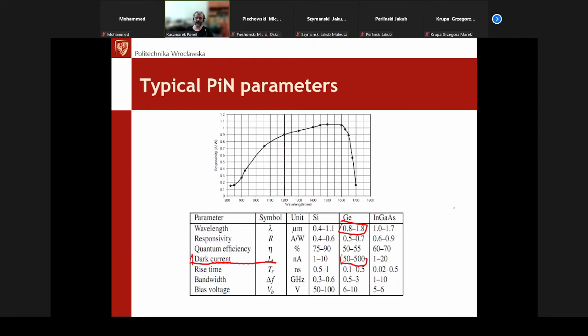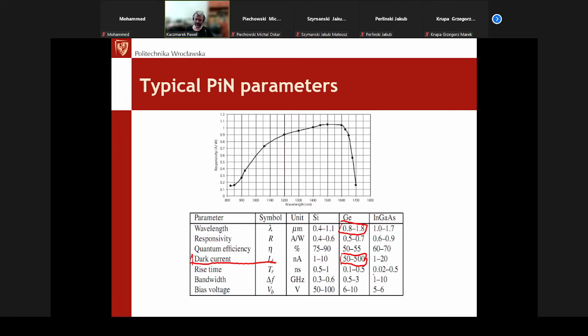If the power of the input signal is small, it can be masked by this dark current. And as you can see, for germanium this dark current is at least one order, or even 2 orders of magnitude higher than for silicon or typical indium gallium arsenide photodetectors for telecommunication.